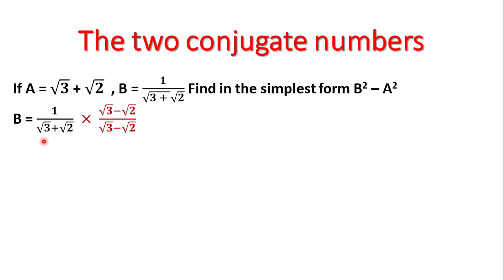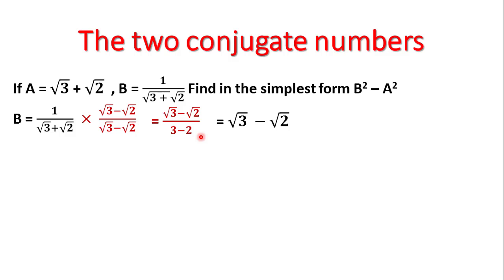The conjugate of root 3 plus root 2 is root 3 minus root 2. So the result will be root 3 minus root 2 over the multiplication of number and conjugate, first power 2 minus second power 2. So 3 minus 2 is 1. So b is root 3 minus root 2.